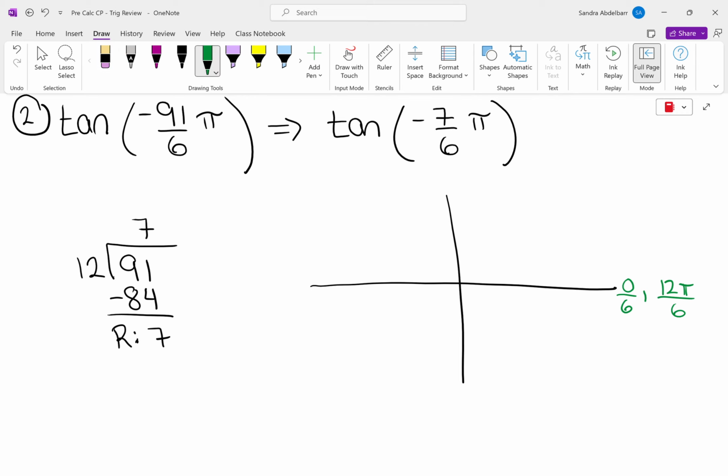When it's negative, you don't go counterclockwise, you move clockwise. So you go from 0 to negative 3 pi over 6, and then negative 6 pi over 6, and negative 9 pi over 6, because of the negative.